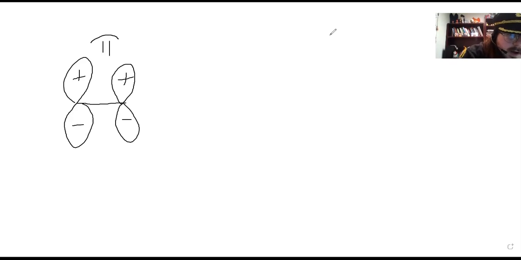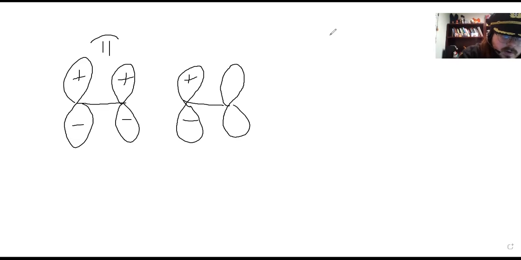These are going to be our pi bonds. Then we have destructive interference, where the two phases are opposite to each other, in which case we would have an antibond, a pi star.